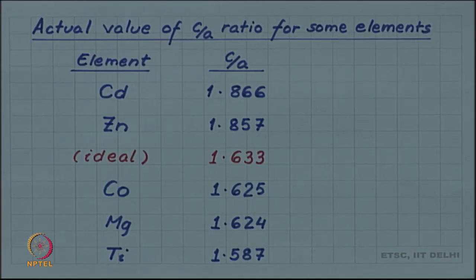So, real elements do not actually form exactly ideal structure. So, the ideal structure is a model structure to which the real elements try to approximate. So, we call all of them a hexagonal close packed structure, but they are not ideally hexagonal close packed.